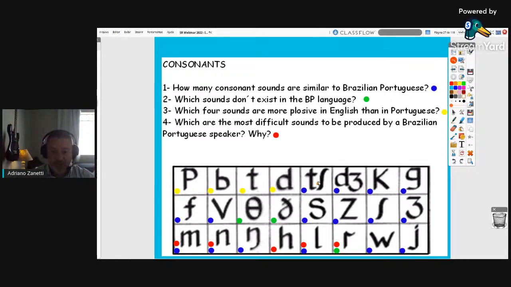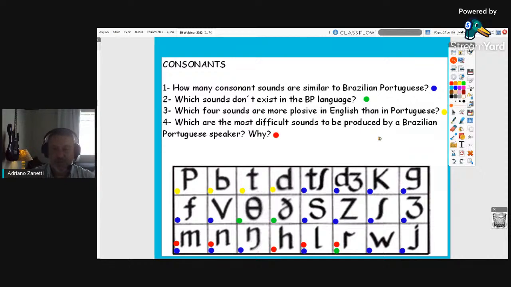So this is to visualize to the students that the blue sounds are similar to Portuguese. The green ones are the ones which we have problems with. They are non-existent. For example, the sound of r, it's rhotic. The rhoticity in Portuguese is different.